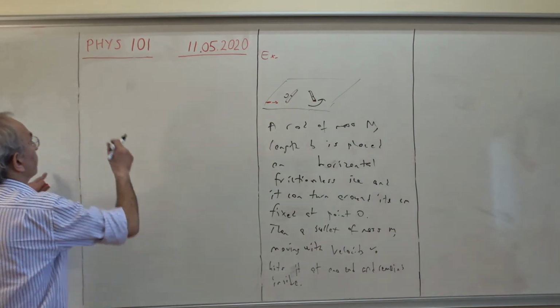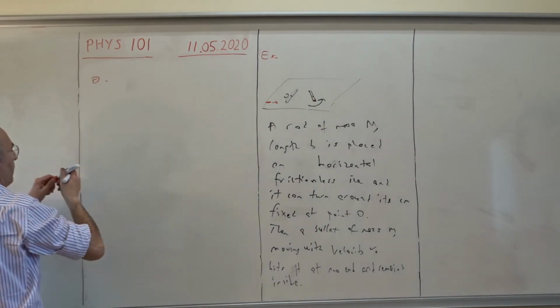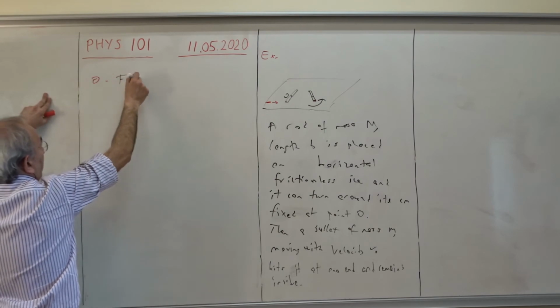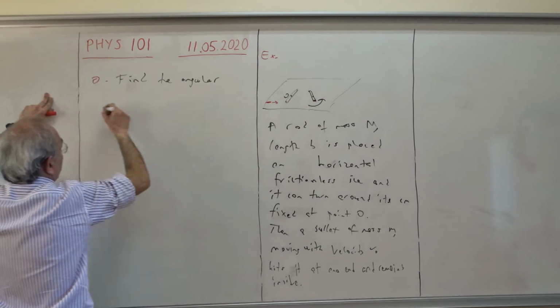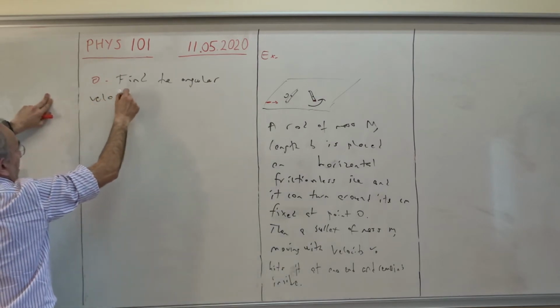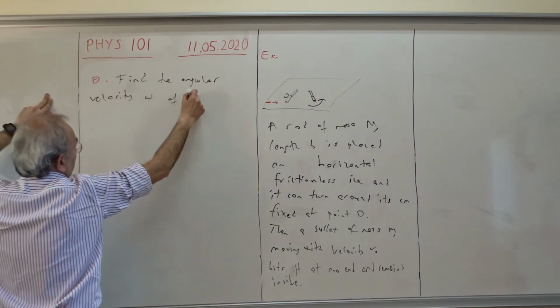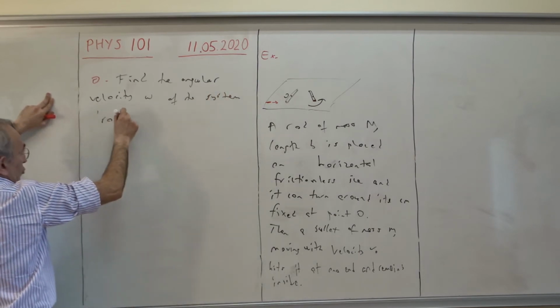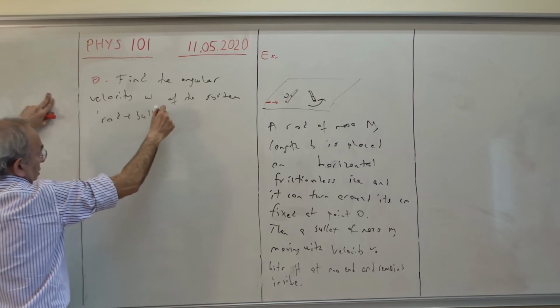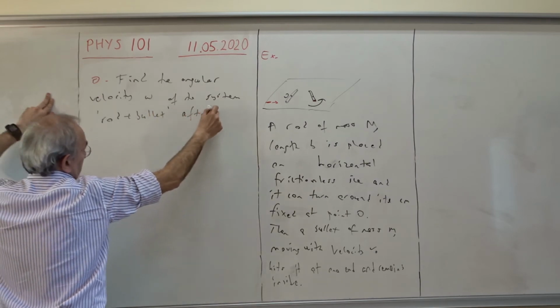Part A. Find the angular velocity omega of the system rod plus bullet after the collision.